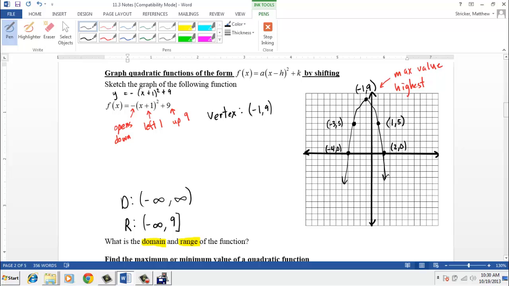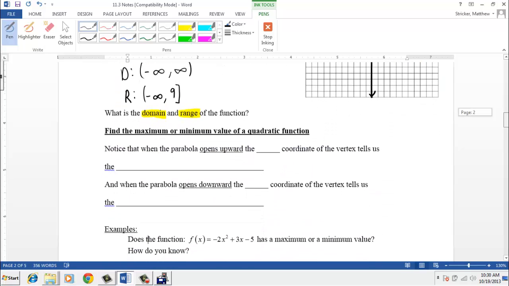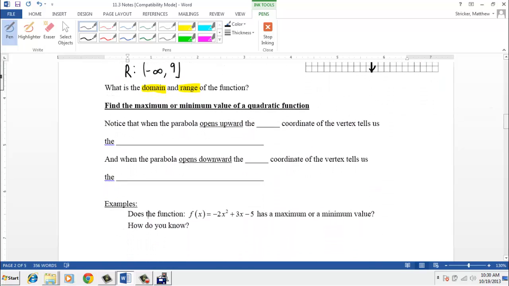Let's go ahead and summarize our findings. Basically what we found out is that when a parabola opens upward, that means it looks like this right here, its vertex, or the y-coordinate of its vertex, tells us the minimum value. This is a minimum. It's the lowest point.